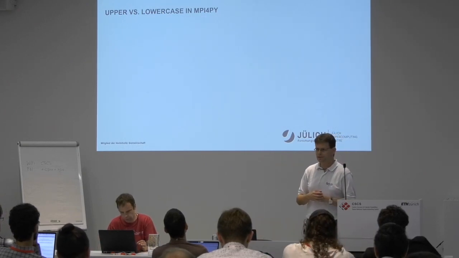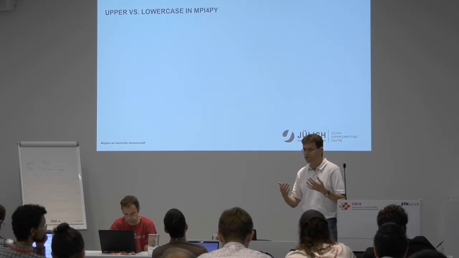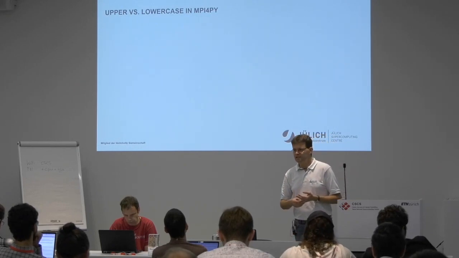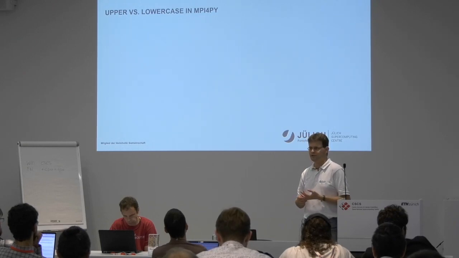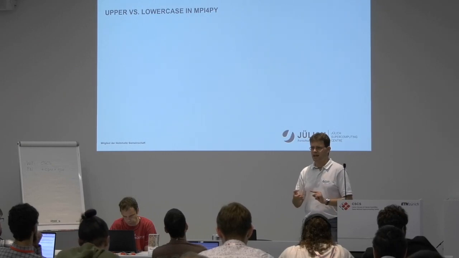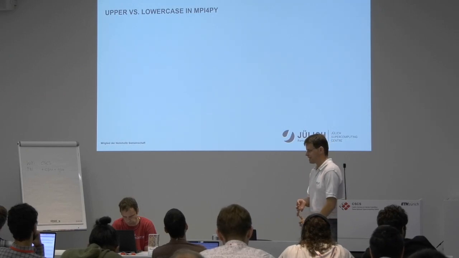It only works with NumPy arrays or other things that have a memory view because it directly accesses the memory. It's still more convenient than MPI calls are in C because, for example, it deduces the size and the type. And the overhead is really small. So those are the uppercase versions.